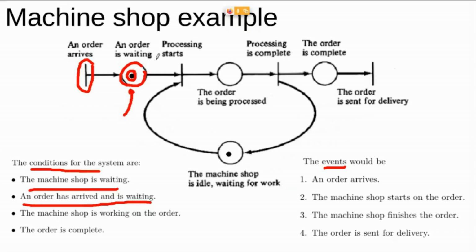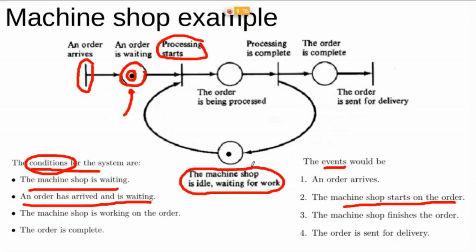At any time, the processing will start. So the machine shop will start on the order. But we have another condition for this starting of the process to happen. The other condition is that the machine shop is idle, waiting for work.